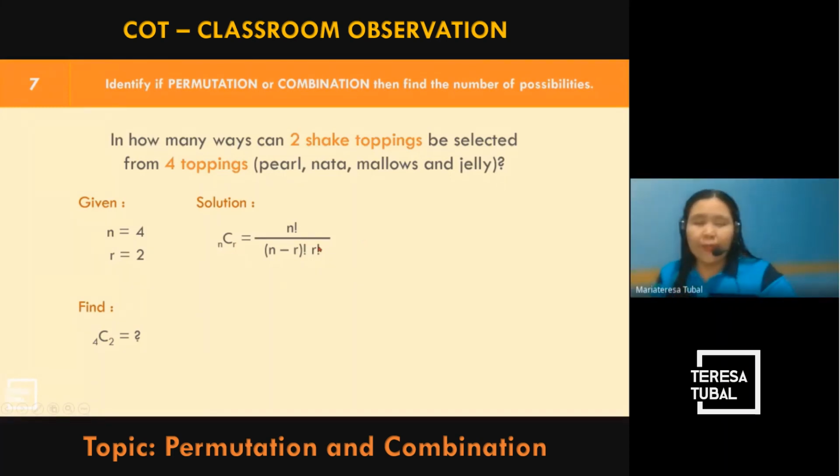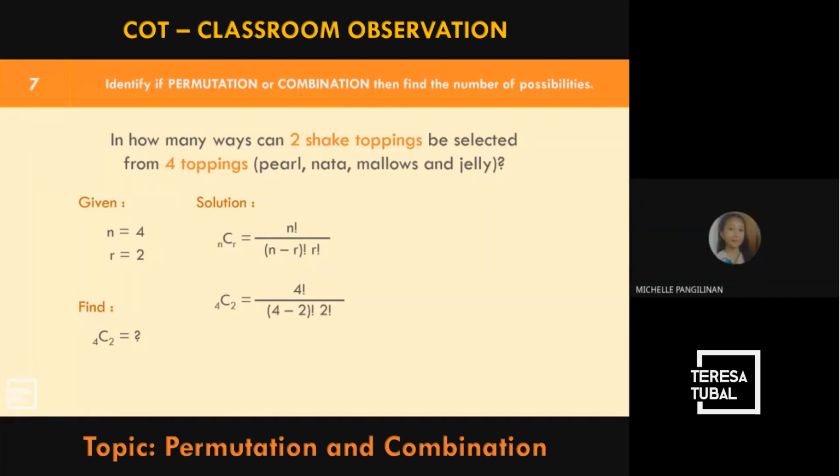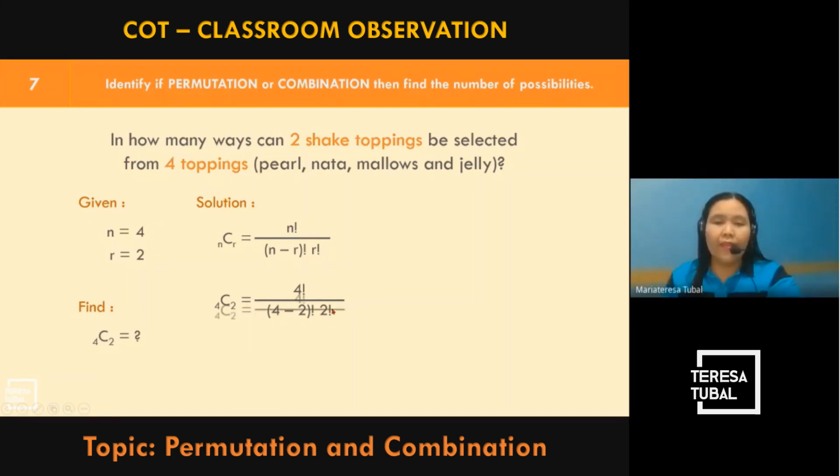Okay, very good. Pangilinan, can you continue to solve? Combination of 4 objects taken 2 at a time is equal to 4 factorial over 2 factorial times 2 factorial. Okay, very good. So it means 4 minus 2 is 2 factorial. And then the rest, copy.